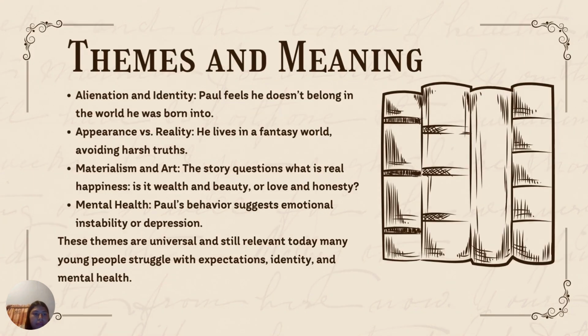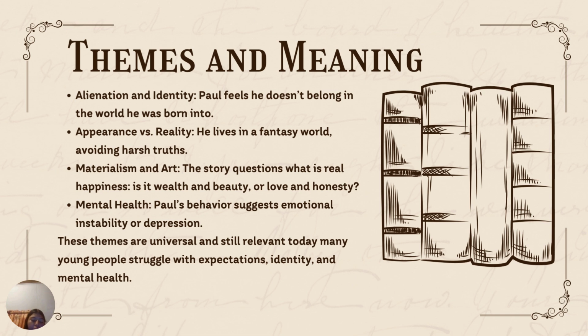Themes and meaning. Alienation and identity. Paul feels he doesn't belong in the world he was born into. Appearance versus reality. He lives in a fantasy world, avoiding harsh truth. Materialism and art. The story questions what is really valuable.